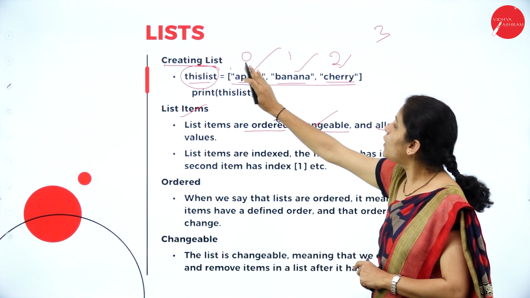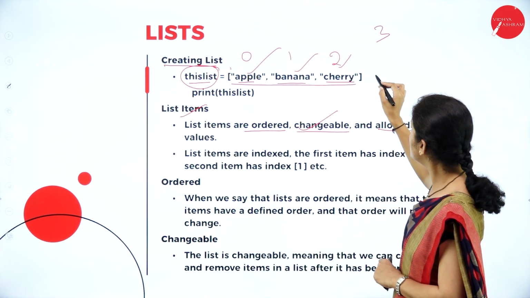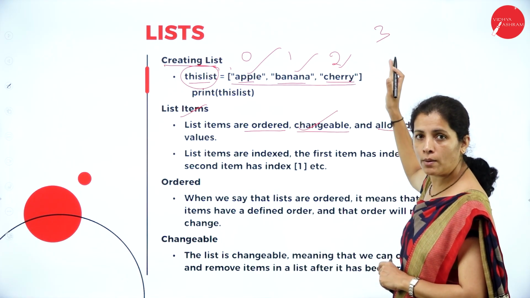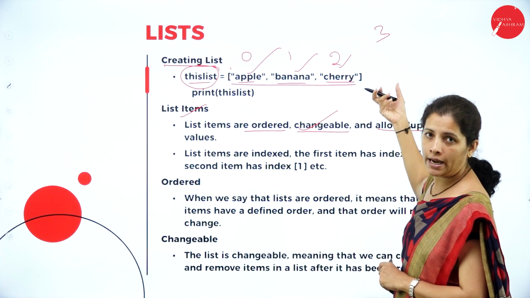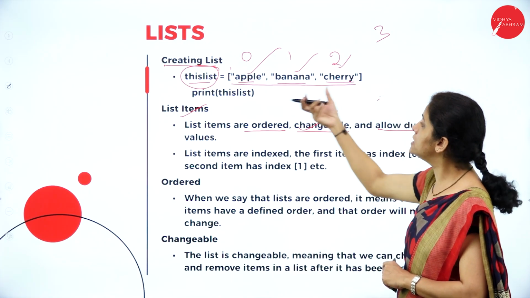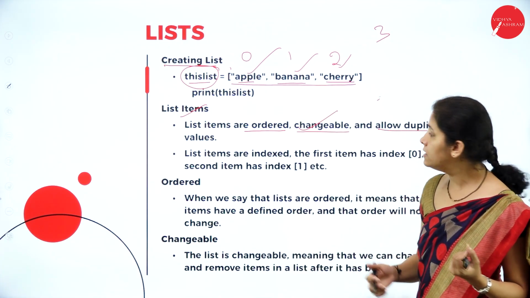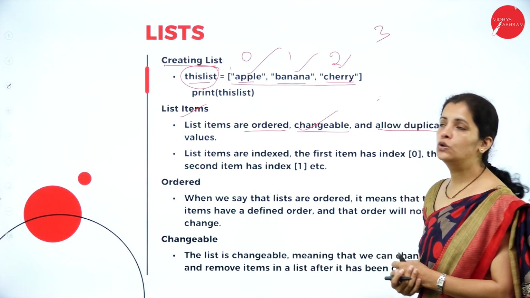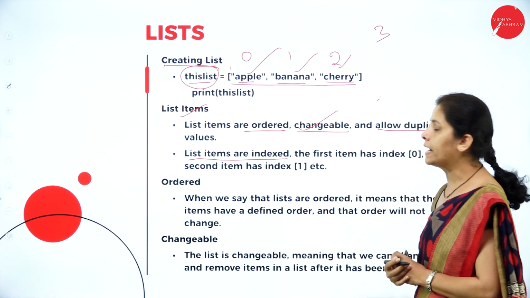See here, all the values are unique. If I place one more apple or one more banana here, then that is nothing but a duplicate element. So a list can have ordered items, changeable, and allows duplicate values. List items are indexed.